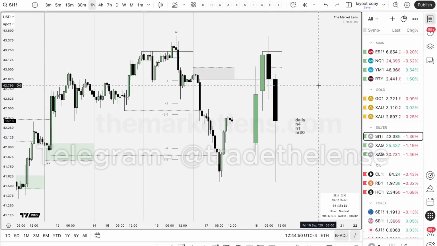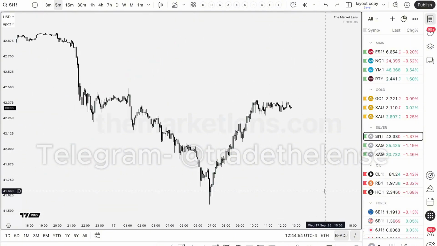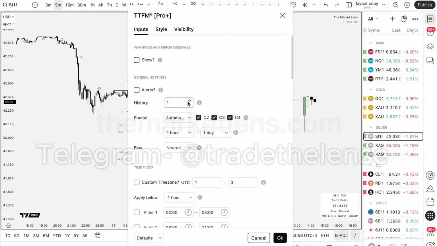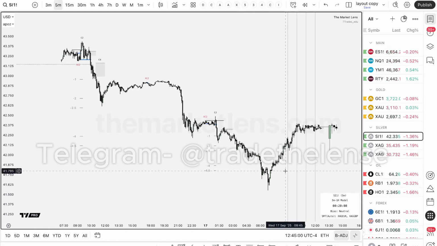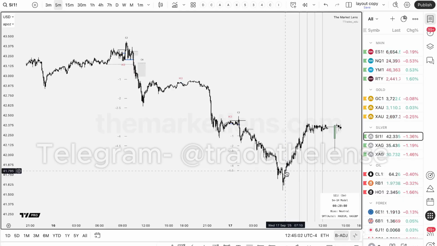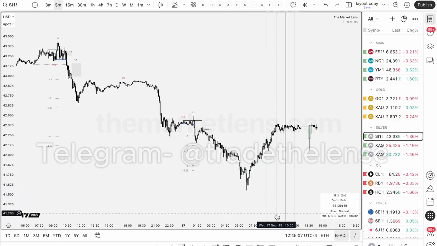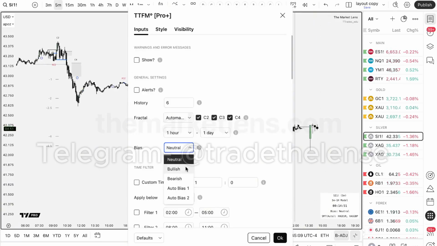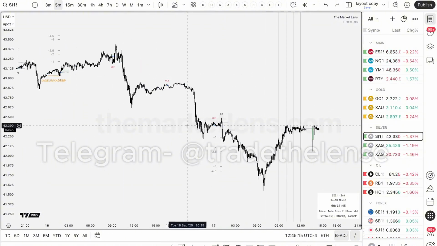H4, right? So if we go to the 5-minute and throw up the history, it looks like there wasn't much anyways. That's not really a helpful explanation then. But if there were bullish setups and you turn this on auto bias 2, that'll go to the daily, it would get rid of all the bullish setups and only show the bearish.